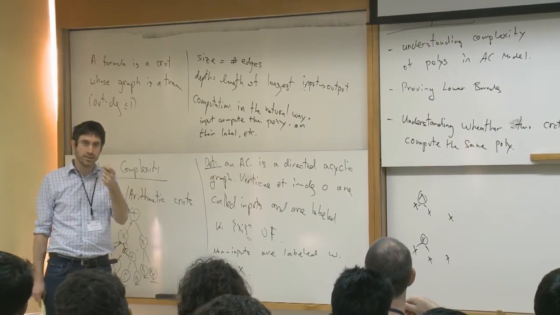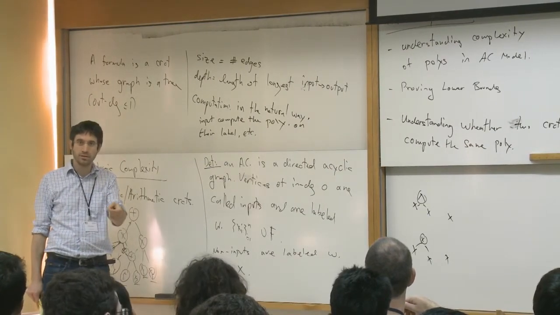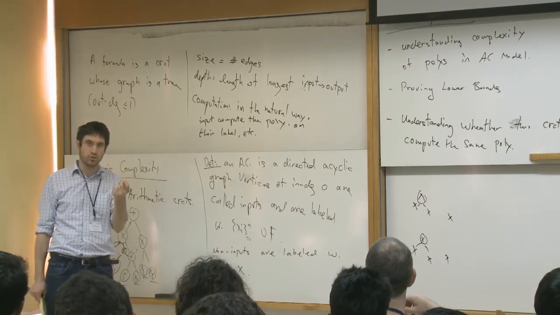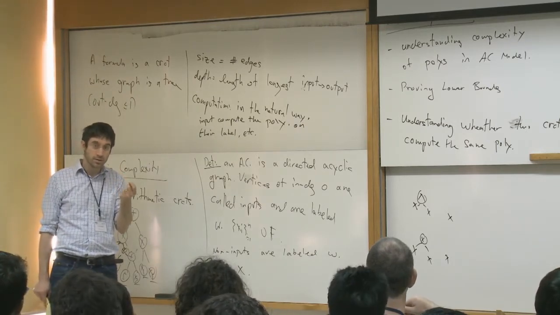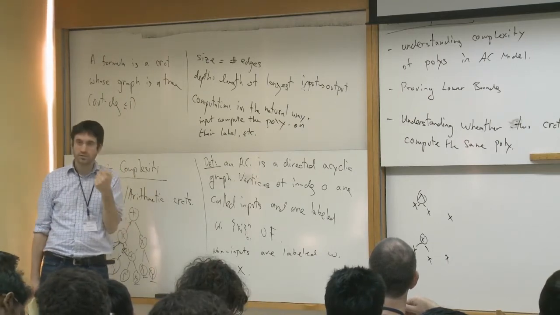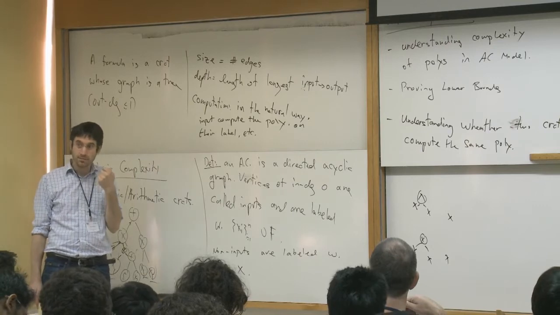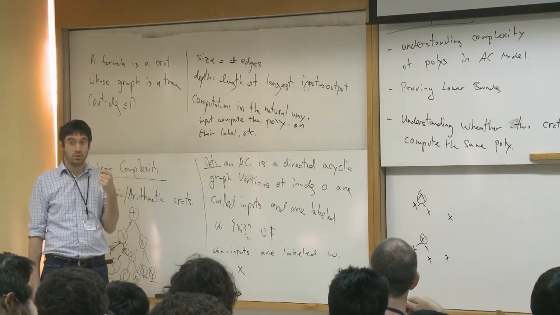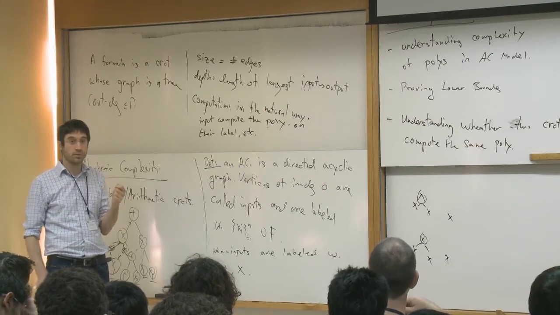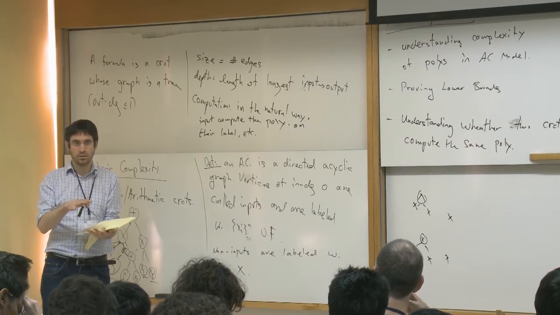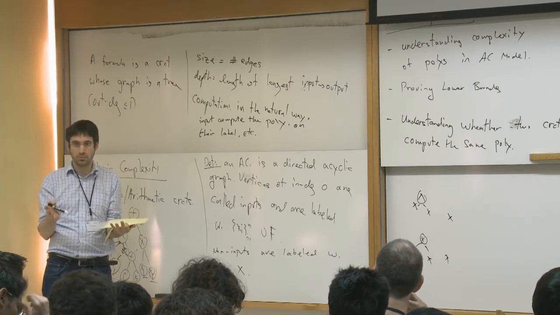You don't care about the semantics, what the values are over the small field, but you care about getting the exact coefficient for each monomial. That is a very important distinction. Because of it, we'll see results in the arithmetic world that are not known nor believed to be true in the Boolean world. For example, we'll show that arithmetic circuits can be parallelized very efficiently, which is not believed to be true in the Boolean world.